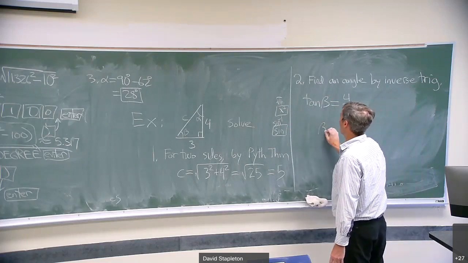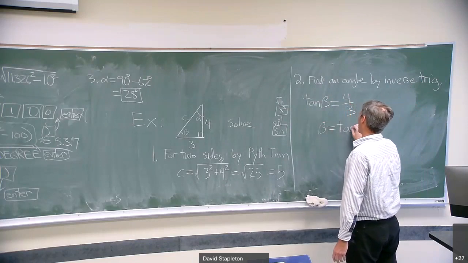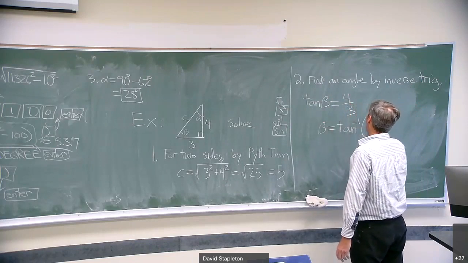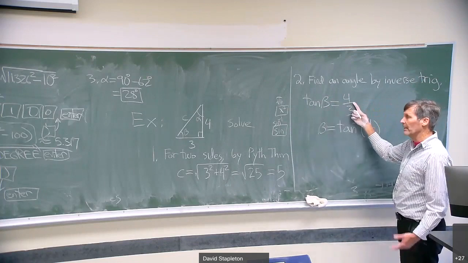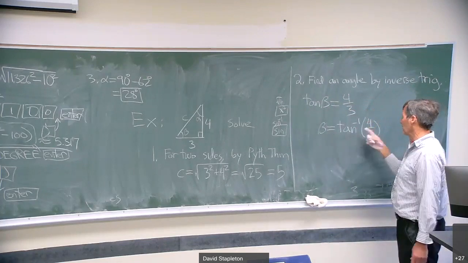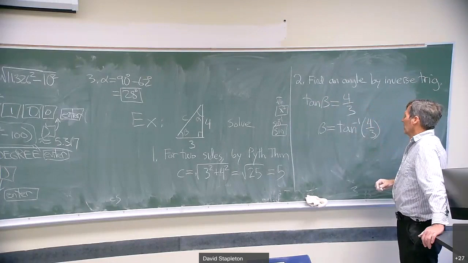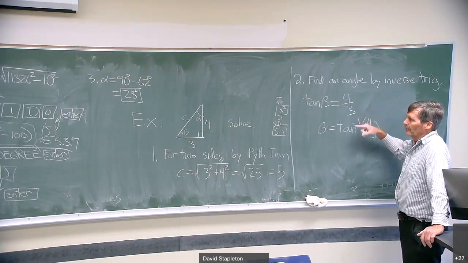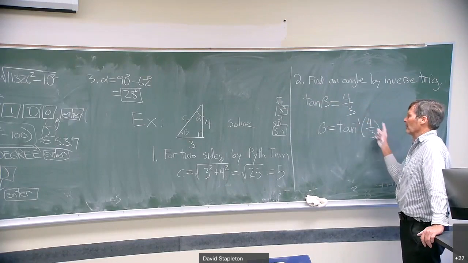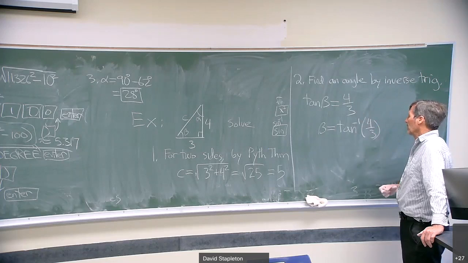Now, inverse trigonometry says what angle has that tangent? Well, there's an inverse function called the arctangent or inverse tangent that says if tangent beta is this number in any triangle, then beta is this inverse tangent. This always works for a triangle. On the unit circle, if you're not in the first quadrant, it doesn't work. But this always works in the first quadrant, and we'll talk about what to do otherwise later.